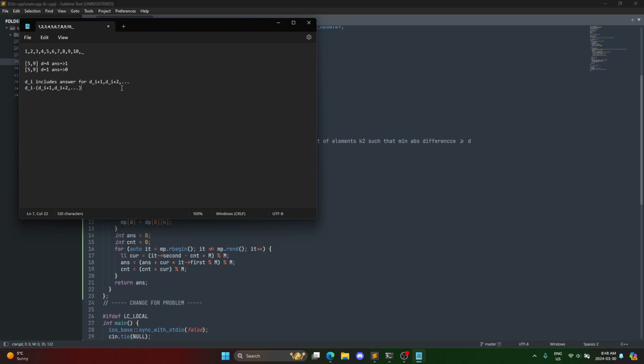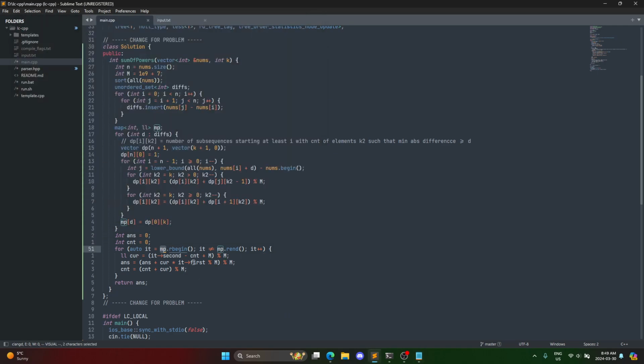And then, yeah, we start from the end and then we just add a count. So you can see whenever I compute the answer, which is current in this case, I start from the highest difference to the lower one.